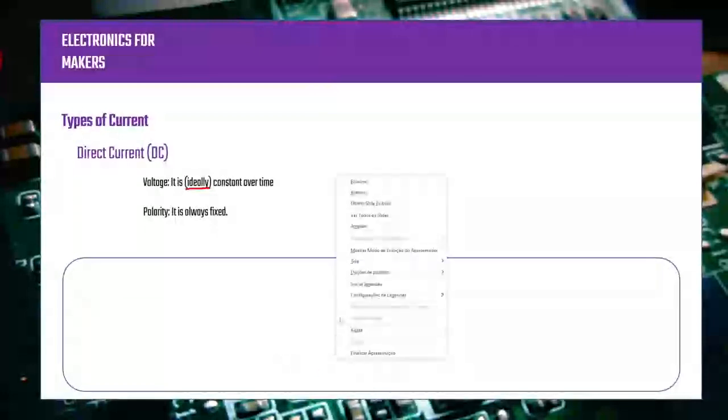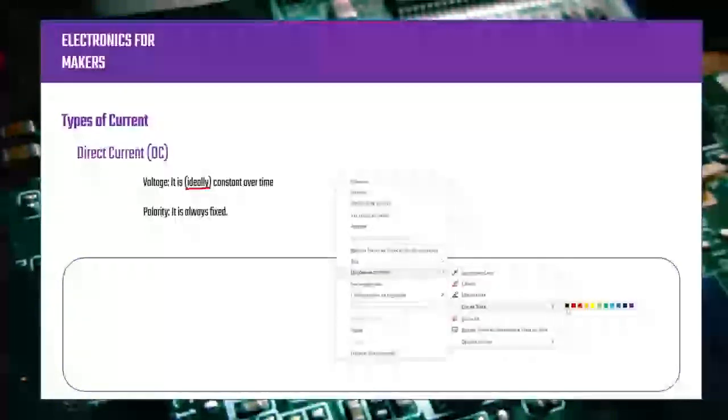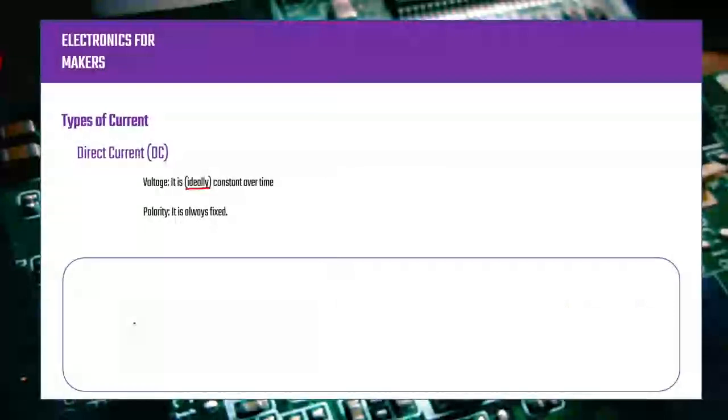So let's change the color here for a bit and think of examples of these things. The little 1.5 volt batteries we have in our remotes, the 9-volt battery we use sometimes in our projects, the 12-volt battery we use in cars.